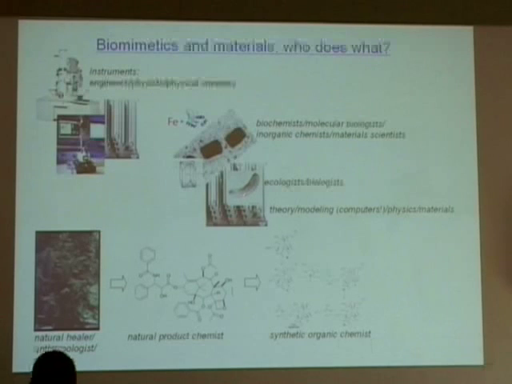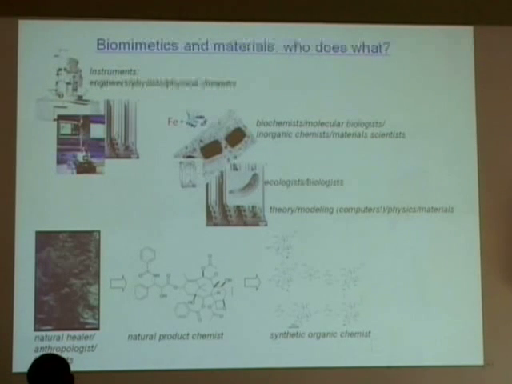Then you have a whole set of people that discover these cool bacteria, right? So it was an ecologist or a biologist, first in the 60s from Italy, and then in the 70s from Woods Hole, who figured out that there are these bacteria that have magnets in them, and they didn't know why they had magnets. They didn't know what they looked like. They just knew they had magnets.